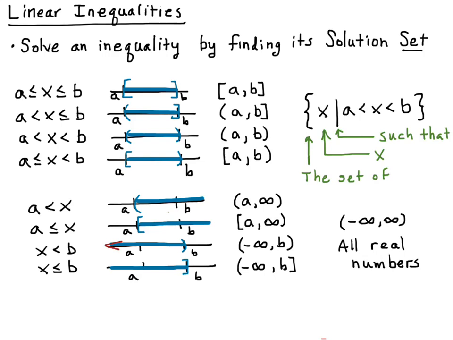What the negative infinity means is that all the negative numbers are included in here, and it goes all the way up to whatever b is, whether b is a positive or negative number, but that's the upper bound. Infinity goes off to increasingly large numbers. Negative infinity goes off into increasingly small numbers. Okay?